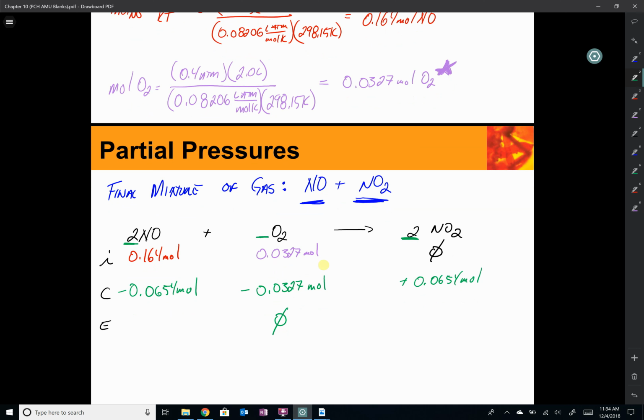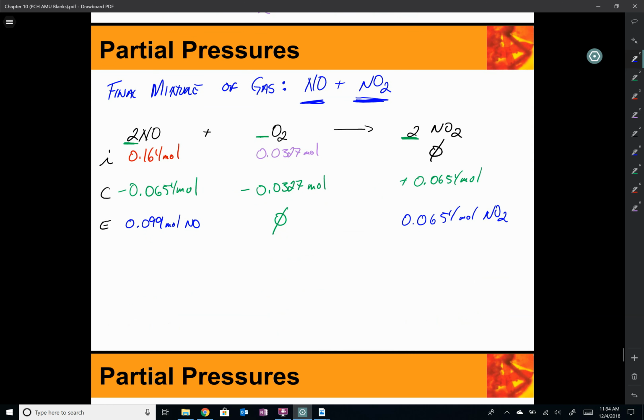So what happens at the end? At the end, I have 0.099 moles of NO left over, and I have 0.0654 moles of NO2. So what does this tell us?